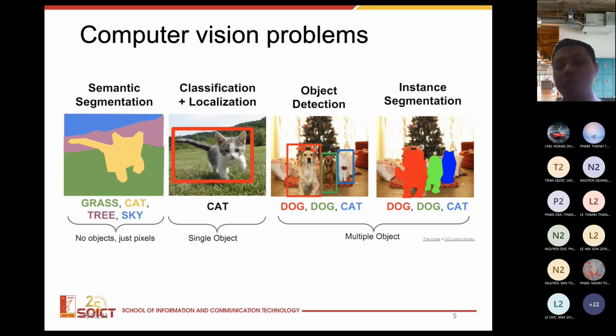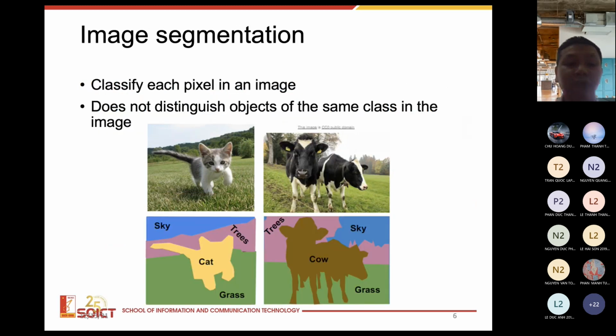For example, here we have 2 dogs and 1 cat, and we need to recognize which pixels belong to each dog, and also the cat, right? So we don't mix the pixels of the 2 dogs together, right? Okay.